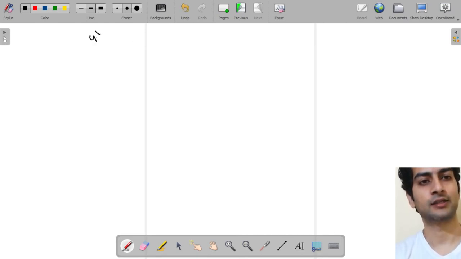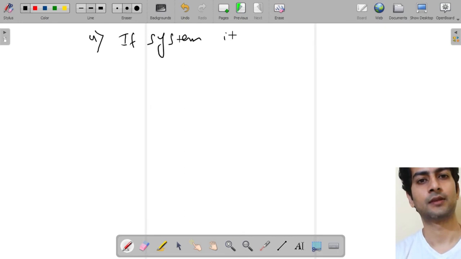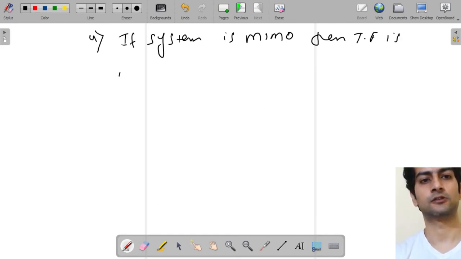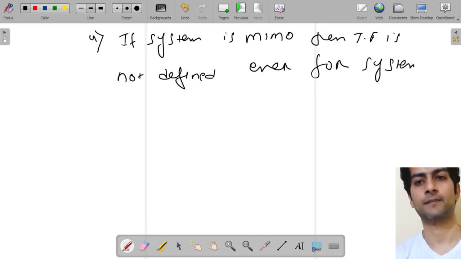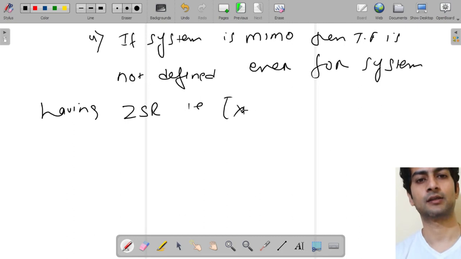So I can write it like this: if a system is MIMO, then transfer function is not defined, even for a system having zero state response, that is, initial conditions are zero.